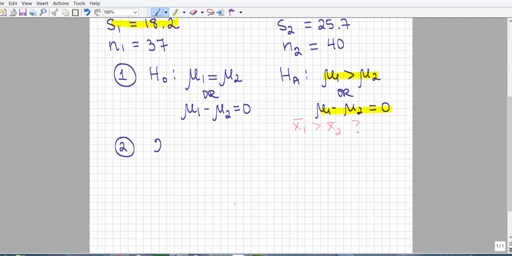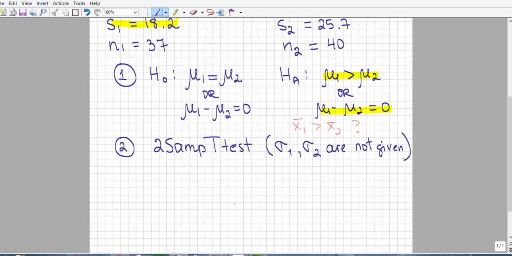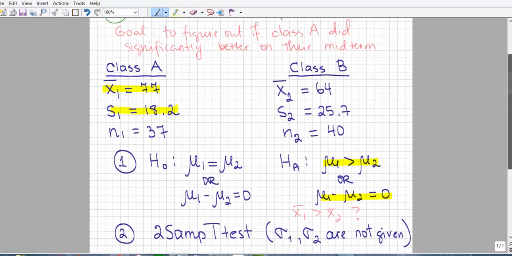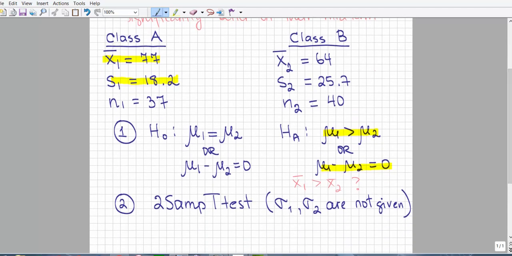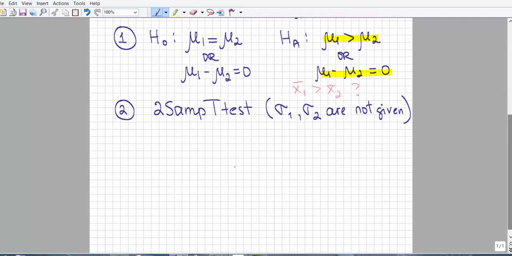So I will be using a 2 sample t-test, because we don't know sigma 1 and sigma 2. These 2 are not given. Whenever we have sample standard deviation, just like in chapter 7 and 8, s means t-test. Sigma means z-test. We don't have sigma, so we have 2 sample standard deviations, and we're going to be using a 2 sample t-test.